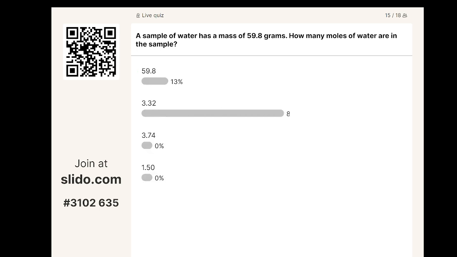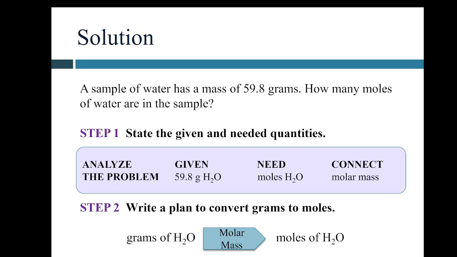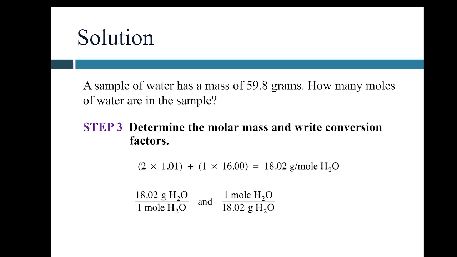All right. So, the vast majority answered that, and that is correct. The 59.8 is obviously I just took the number from above. So what you need to do here again is, well, what is water? H2O, right? You're going to take water off your periodic table and add those together.